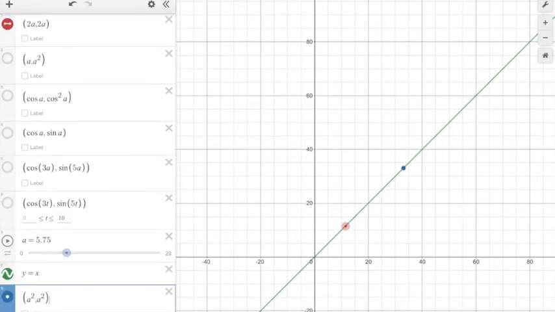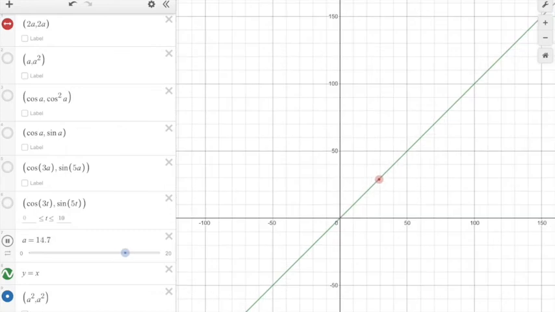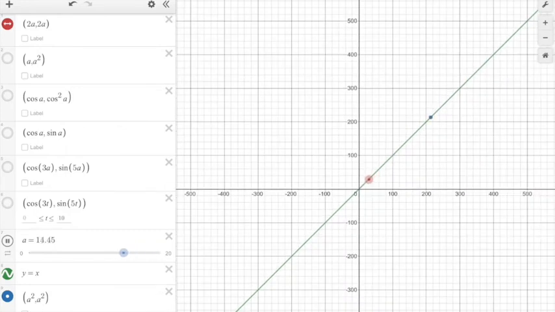But let's see what's going to happen. Oh, Desmos, you suck. Okay, oh no, Desmos is great. You see what happened? Okay, let's see it again.